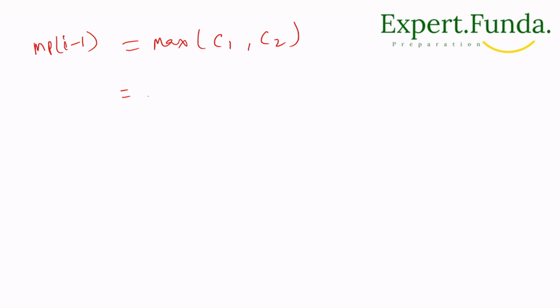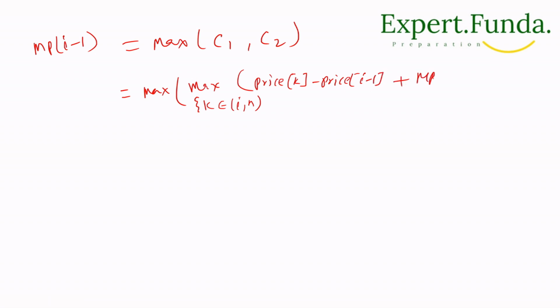C1 we have already calculated, and that is max at k, where k belongs to I to n, and this was our price at k minus price at I minus 1, and another we have taken MP of k plus 2.